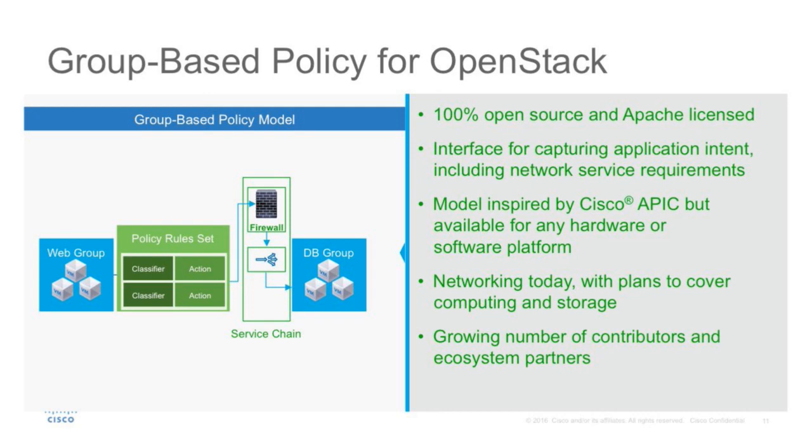So when we say, I want this group, it's mostly talking about the networking properties of this group, like it can talk to the internet on port 80 and this can talk to the database using the database port. But it's going to be added to more and more subsystems like storage and compute to also be policy driven.